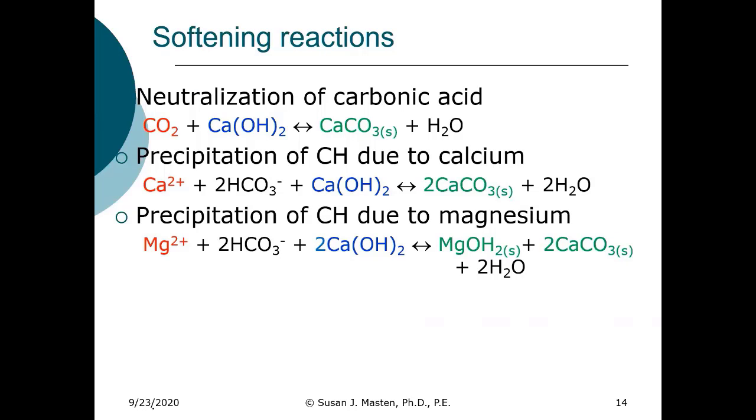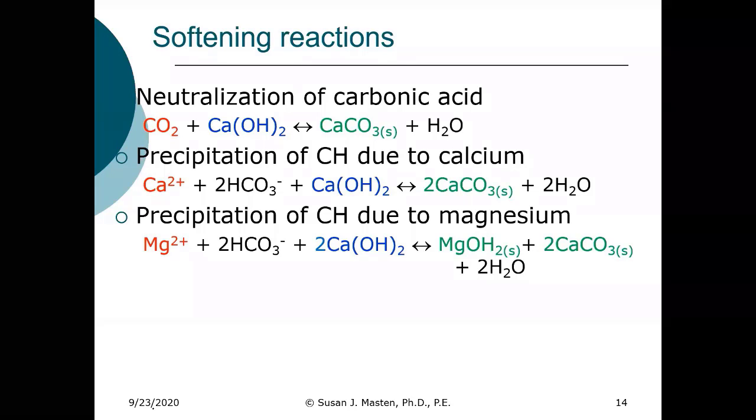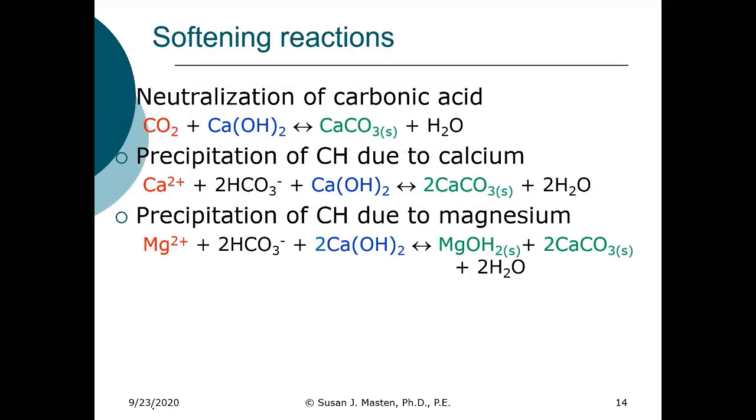As I mentioned, it's a significant amount of chemistry, but if you simply think about it as balancing an algebraic reaction, hopefully it becomes a little more straightforward and less challenging. So as I mentioned, groundwaters will often contain CO2.